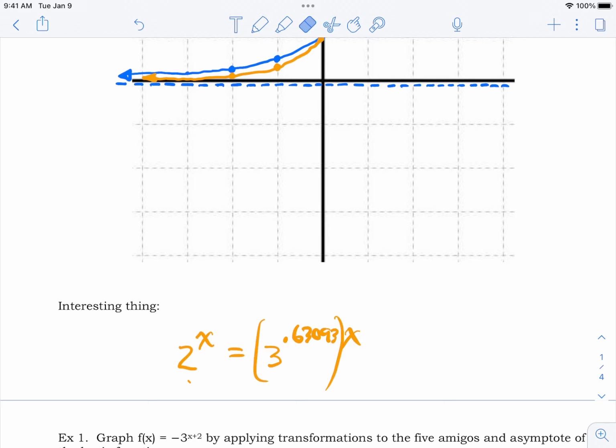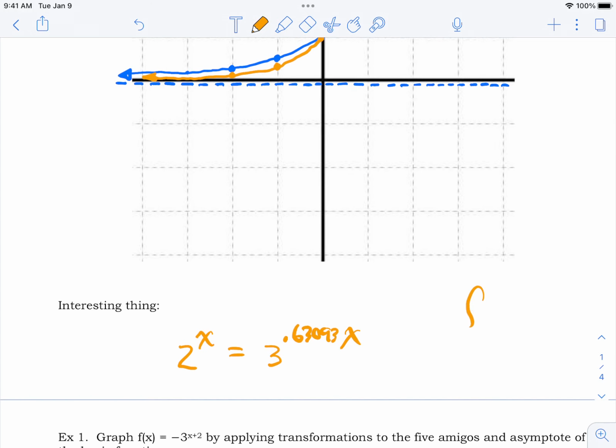But think back to our transformations days, lessons 57, 58, 59, when we did stretches and compressions in particular. Remember that if you were to take a function and put some kind of a fraction in front of the x, that was a stretch by a factor of b.